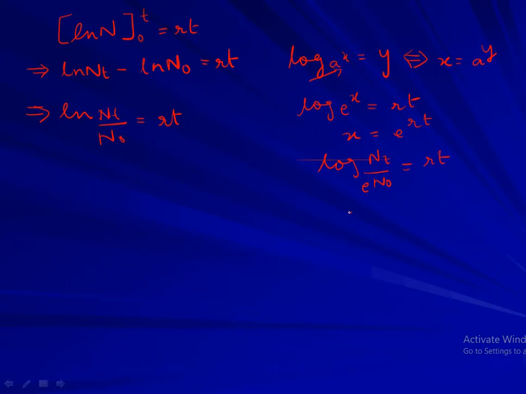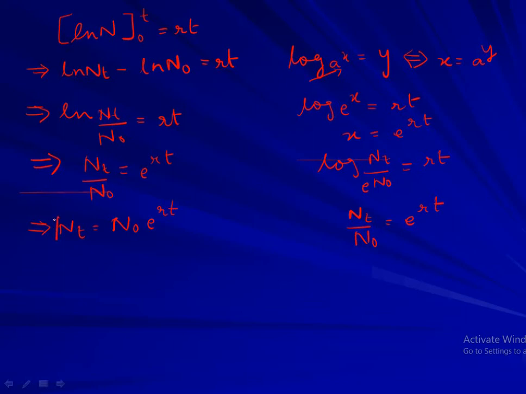So it can be written as Nt/N0 is equal to e raised to rt. Where e is the base of the logarithm, right? Further you can write Nt = N0 e^(rt).